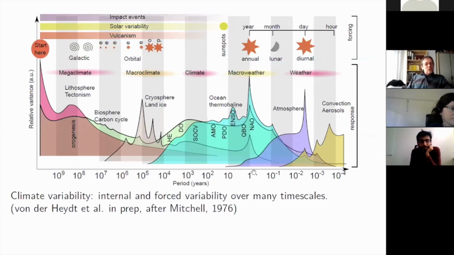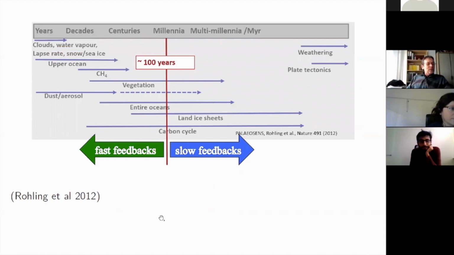You can see if you choose more or less any period to say the fast processes occur, if to the right of some arbitrary choice, you're actually in the middle of some processes that are still going on in the climate system. This is from Rohling et al. 2012, which shows that maybe more clearly for the different Earth system processes.